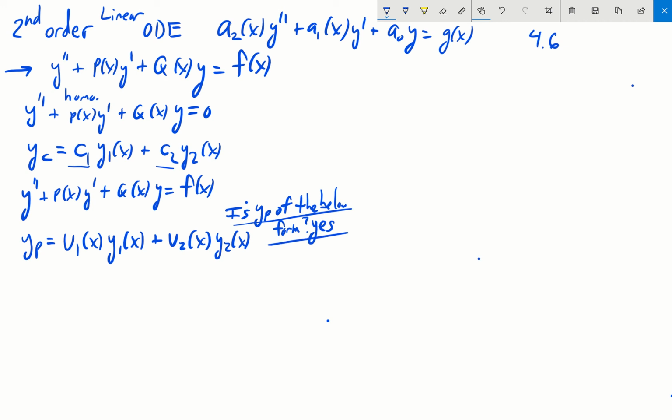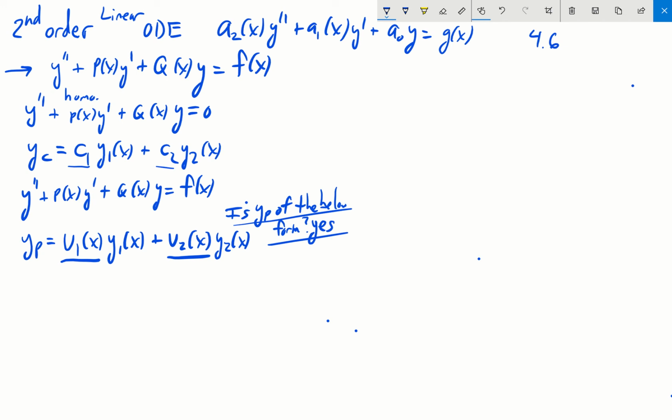It makes sense, by analogy, to make some comparisons here. When we solved the first order linear ODE a while ago, we were able to come up with an expression for y sub p that involved one function u1. Now that we have a second order linear differential equation, we are going to have two functions we need to solve for to find the particular value of y sub p.